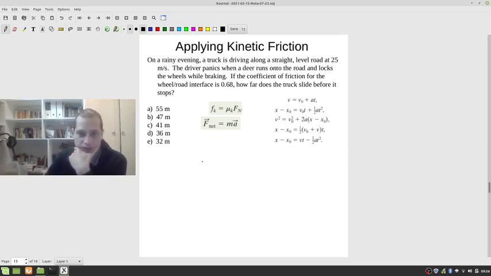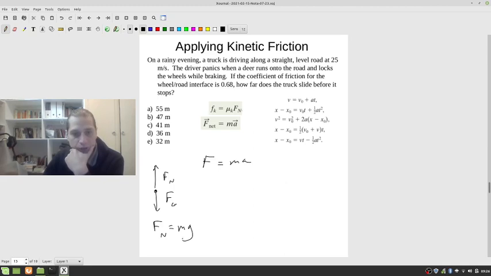Well, in this case, you would be using your F equals ma. Your truck presumably is not being pulled by anything extra, so the normal force and the gravitational force are just going to be equal. So Fn equals m times g.